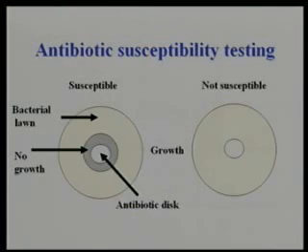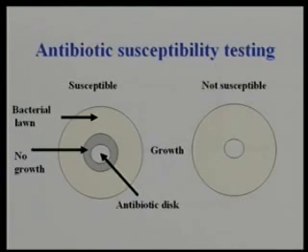You'll see that we see this grey color. What this is indicating is that they haven't grown around the disc. In the case where the organism couldn't care less about the antibiotic, it's not susceptible, the organism grows all over the plate, even right up to the disc. Because what happens is the antibiotic is impregnated on the disc, and when you put it on the agar plate, the antibiotic diffuses out of the disc into the plate.